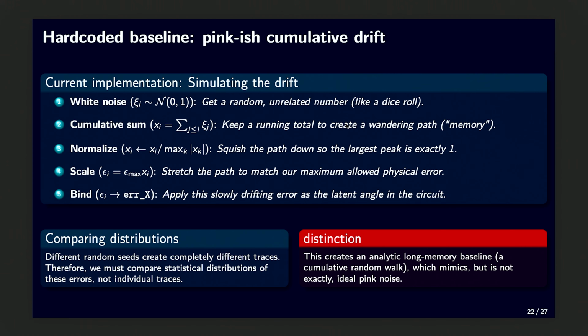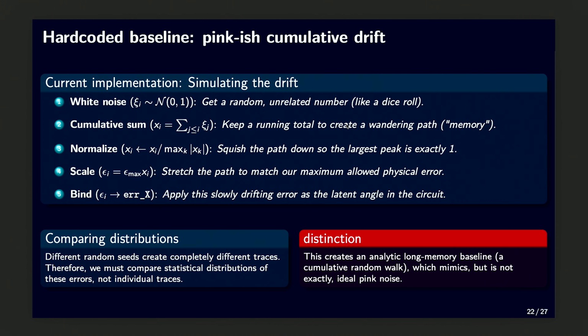To add non-Markovianity, you use the cumulative sum to keep a running total and make it related to what happened earlier. Then you normalize and scale it, because you don't want it to be more than 1, and you don't want to exceed the maximum noise you can achieve. Then we bind that to each of the gates and circuits. So this was the pink noise that we were hard coding.